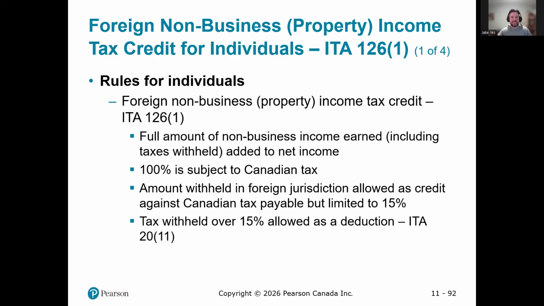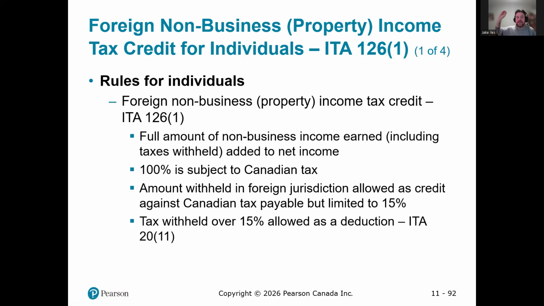Basically, you can't deduct from Canadian taxes more than what the Canadian taxes would have charged you for that income. So any tax withheld over the 15%, you don't get a credit for it, but you will be allowed to deduct it from the income as an expense of earning that foreign income.